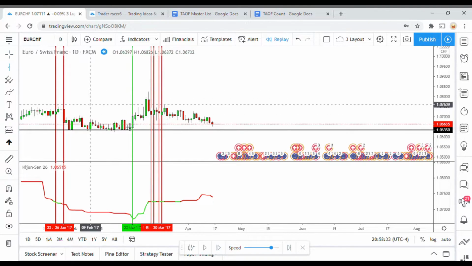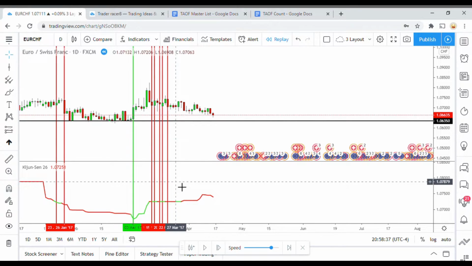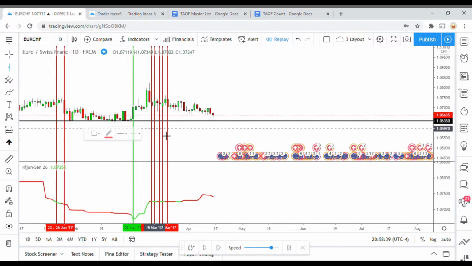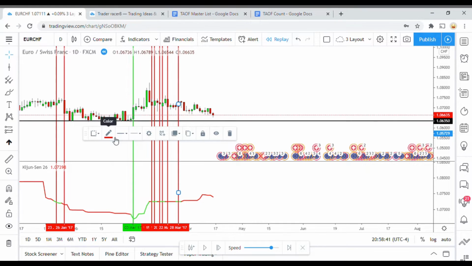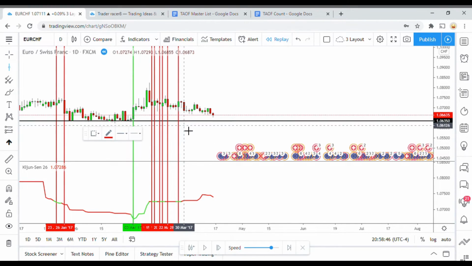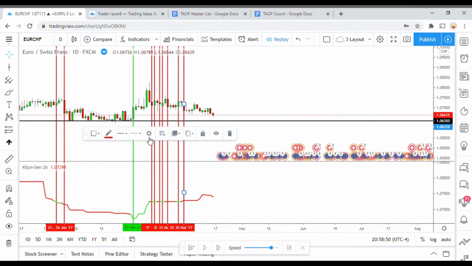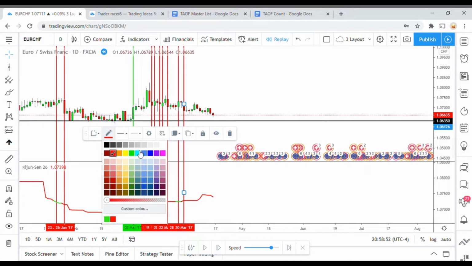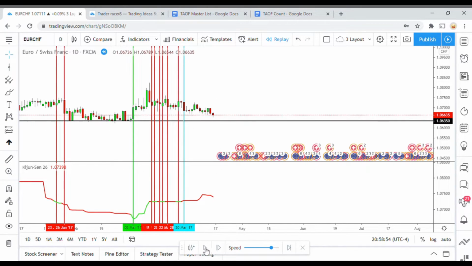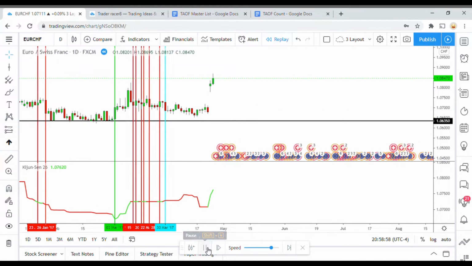Don't think that one hit take profit. It did not. And then again, almost immediately gave us a short. Back here, it threw a long signal, which then got stopped out when it threw this short signal right here. And we are actually still playing on that signal right there.